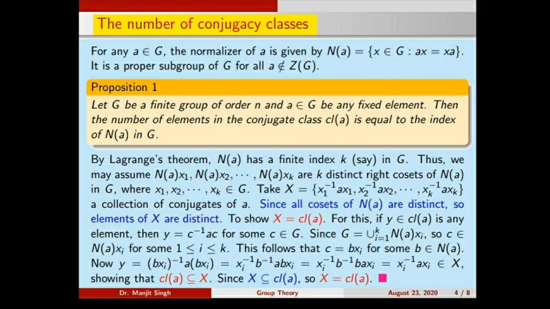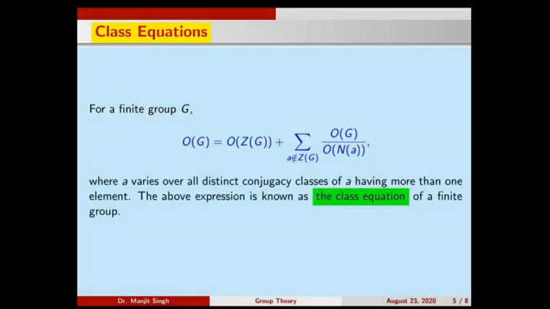Now we come to the next slide for the class equation. This is the layout of the class equation. G is a finite group, then the class equation shows that the order of G is equal to the order of the center plus the summation on the right side, which varies over the elements which are not in the center.